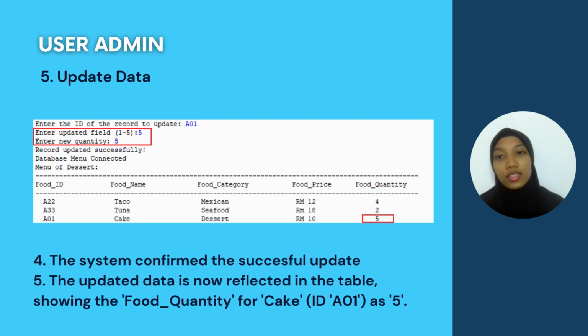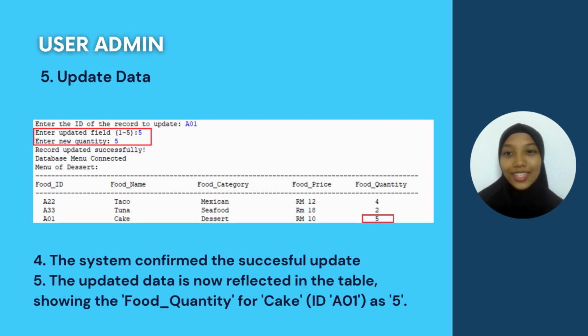And the system then prompts enter new quantity. So I enter 5 from the previous food quantity of 2. I want to change it to 5. The system then confirms the update with the message record updated successfully, which indicates that the database has been modified according to the user's input.